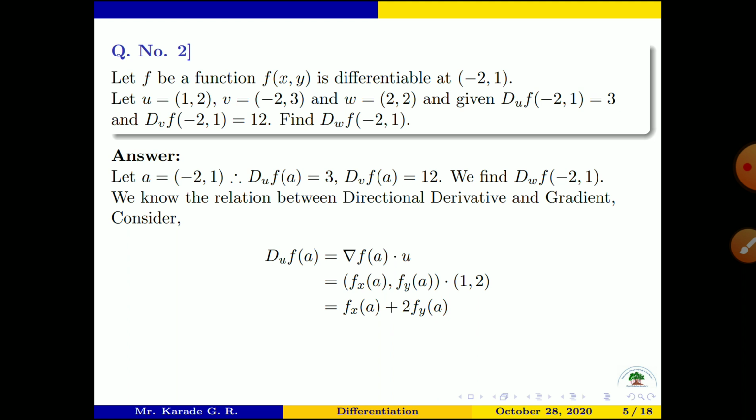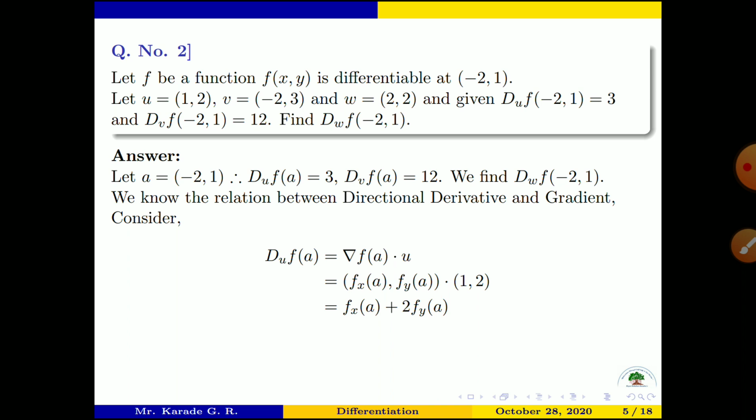If I take a dot product of these two vectors, we get a scalar quantity, fx(a) plus 2 times fy(a). So fx and fy denote the partial derivatives of f with respect to x and y respectively.